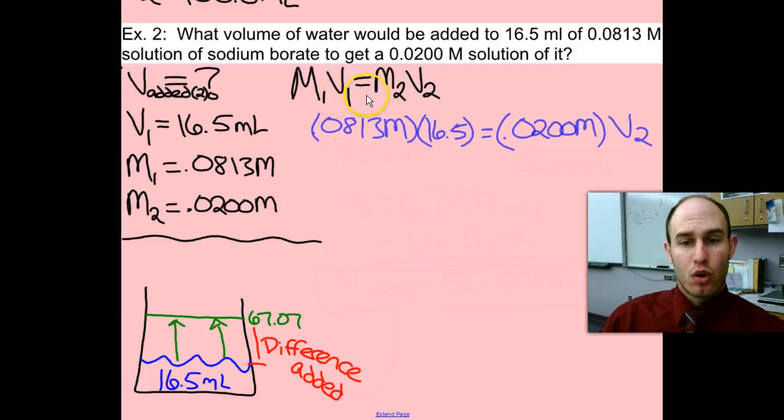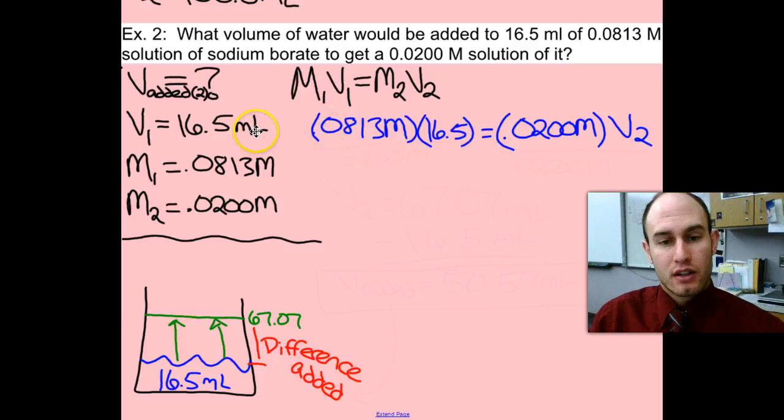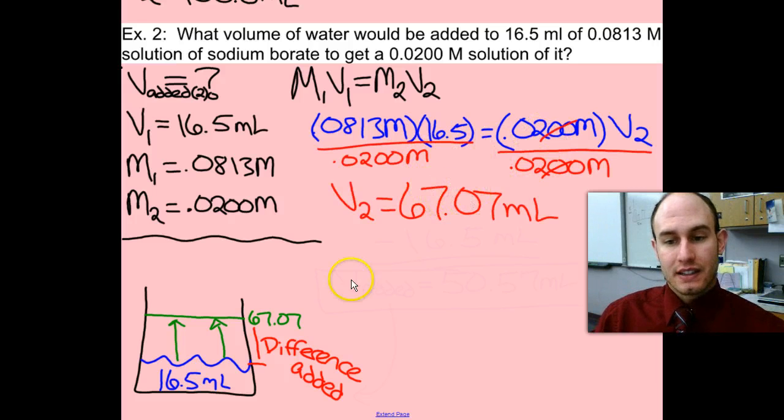I'm given M1V1 equals M2V2. Let's substitute in. There's M1, there's V1, there's M2, V2 is unknown. I need to get V2 by itself, so I'm going to divide each side by the 0.02 as here, and this is how I get the 67.07. So right now my beaker has 67.07 as the final volume.